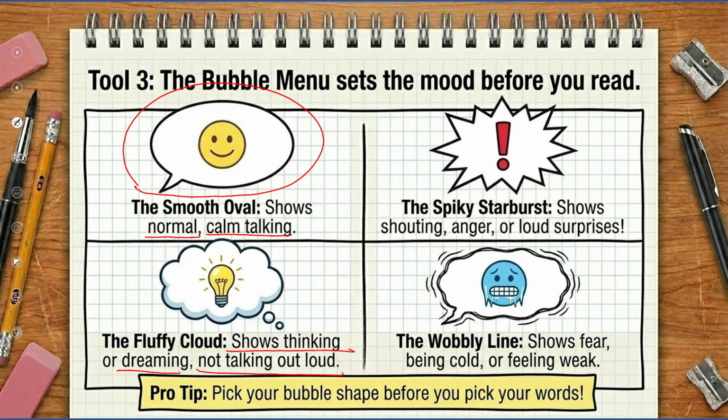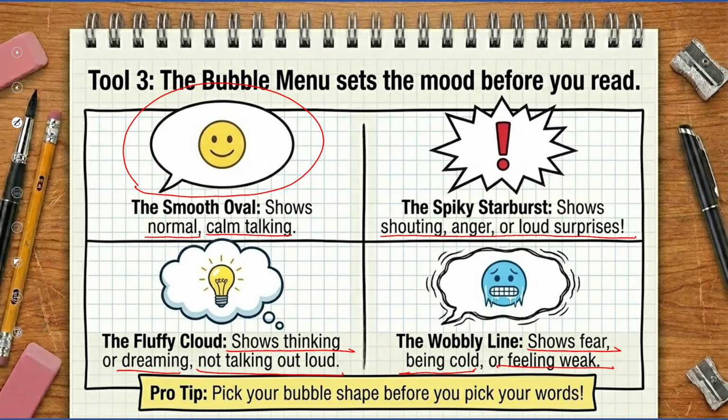If it is spiky, it means shouting, anger, or loud surprise. If it is wobbly, the lines are not straight, it shows fear, being cold, or feeling weak. So this is how we tell the emotions of the speaker by changing the shape of the speech bubble.